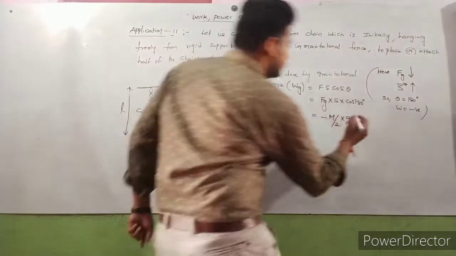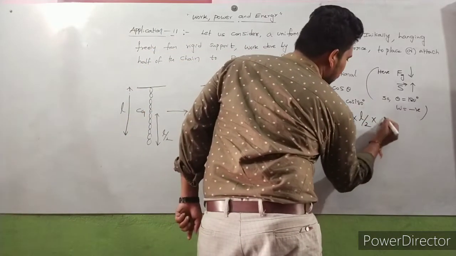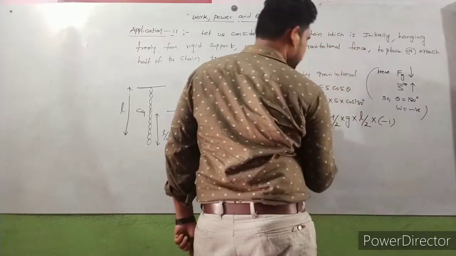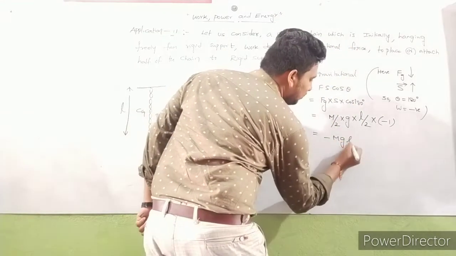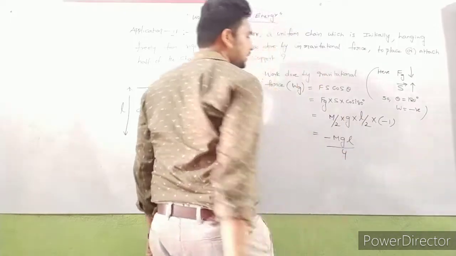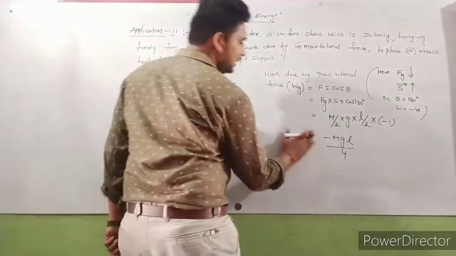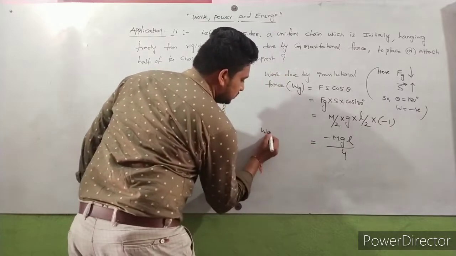So this is L by 2 into cos 180, which means minus 1. From this, minus mg L by 4.